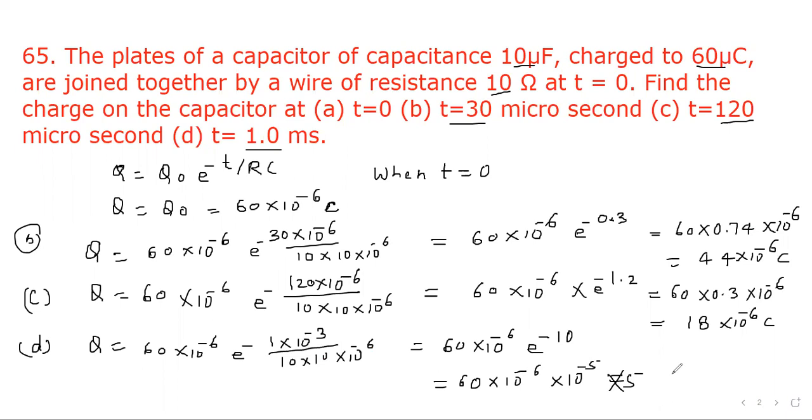So this will become 0.003 into 10 to the power minus 6 Coulomb, or 0.003 microcoulomb. So that is our answer.